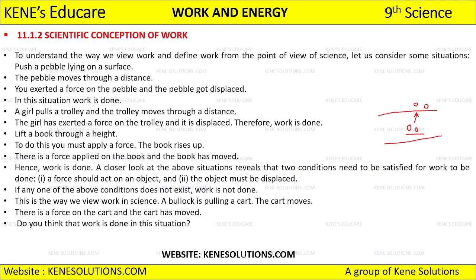And the second condition is that the object must be displaced. Now in all the three situations that have been given, you might have observed that displacement makes us very clear about whether work is done or not.